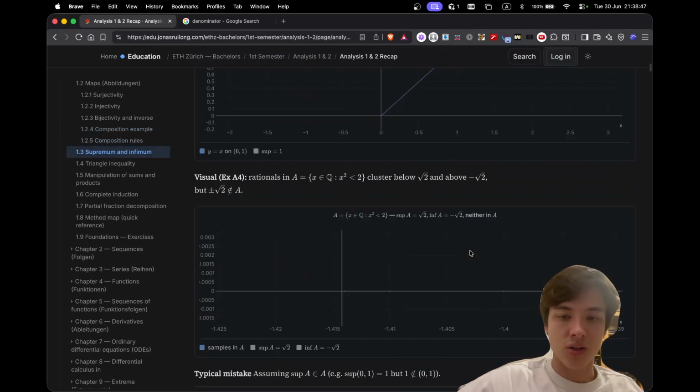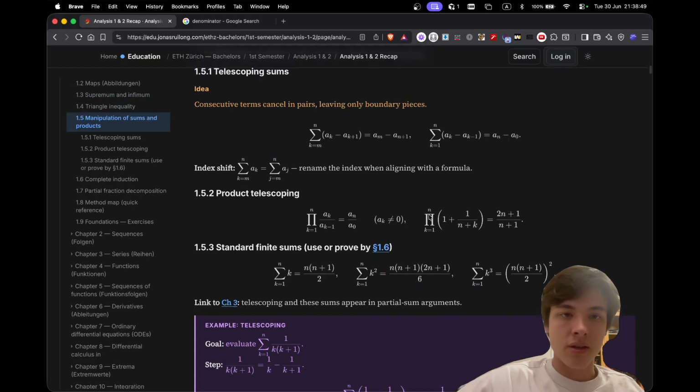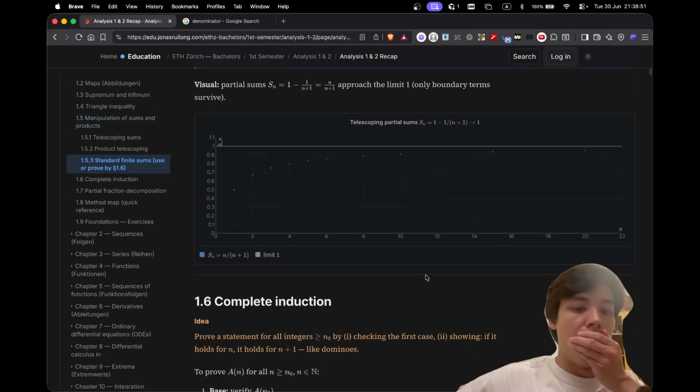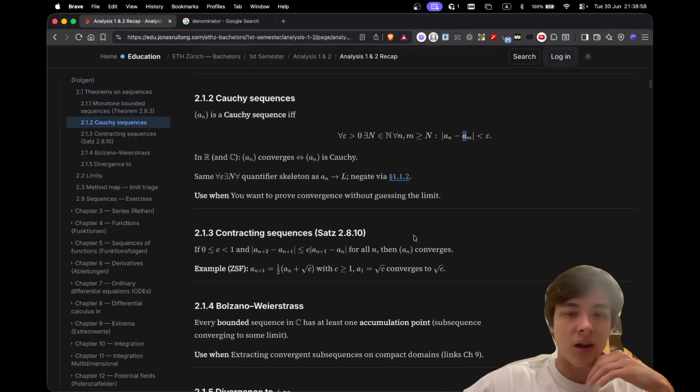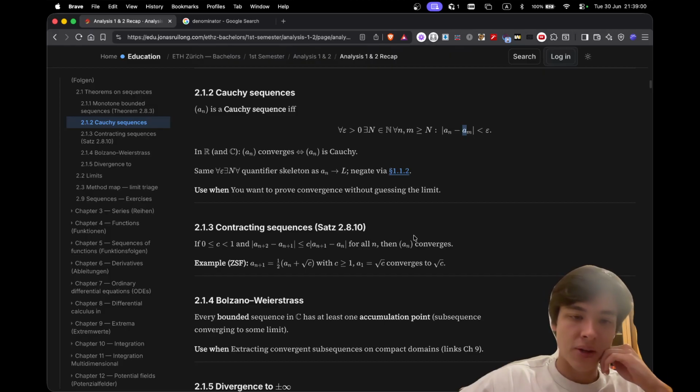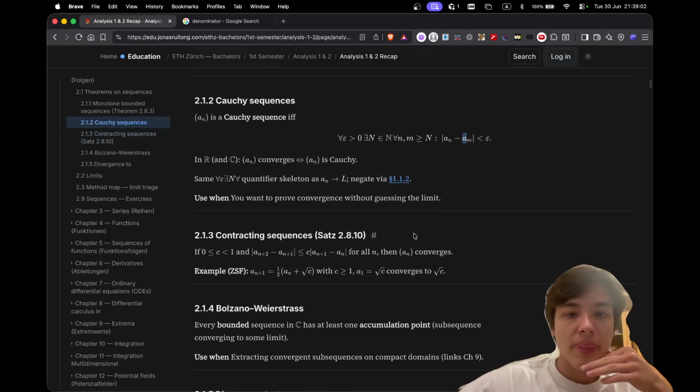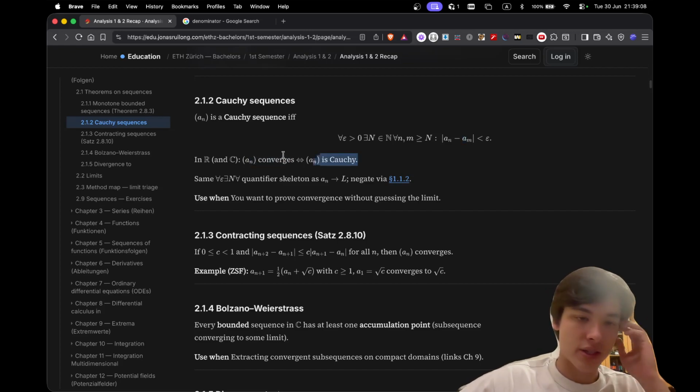So that's like monotone, I guess, Cauchy. Cauchy sequence. It should have been here, the plots. Somehow it messed up. So yeah, an converges, an is Cauchy, it's the same thing.